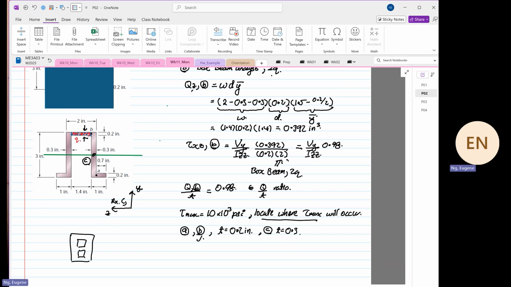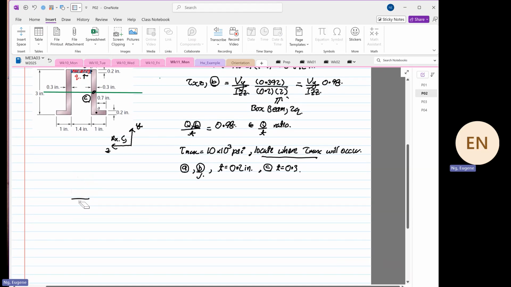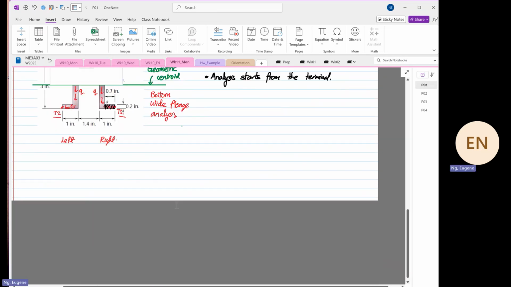Next, we are going to find A. So now we are going to deal with point A. To deal with point A, I'm going to use this diagram down here.